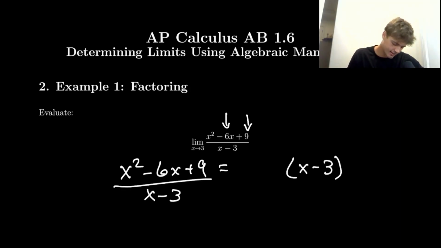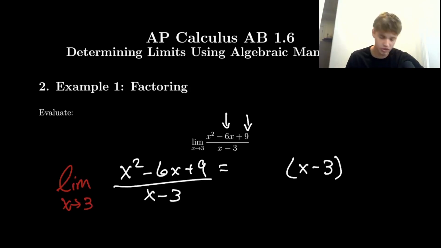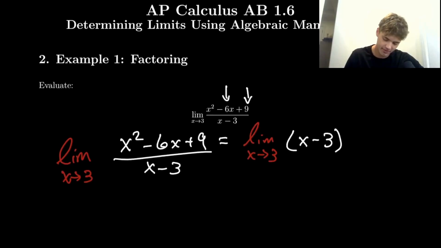The limit as x goes to 3 of our original function is the exact same thing as the limit as x goes to 3 of this one. And this one is a super nice function that we can use direct substitution on. This will give us 3 minus 3, which equals 0.